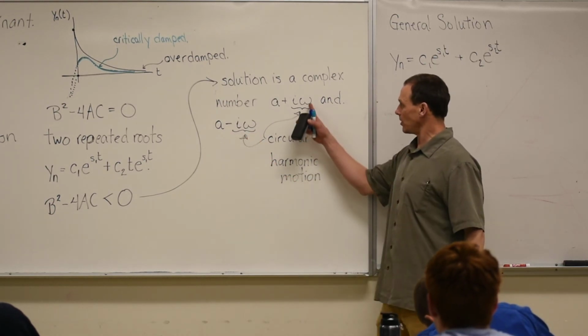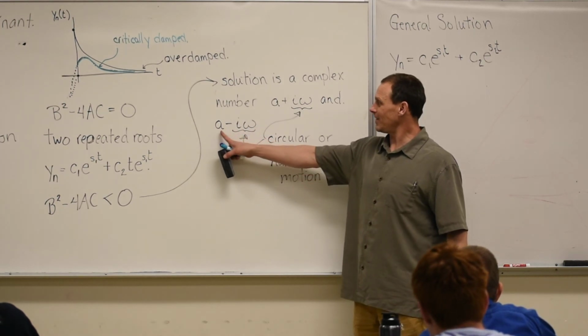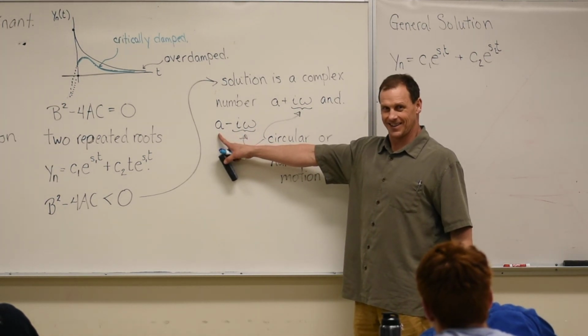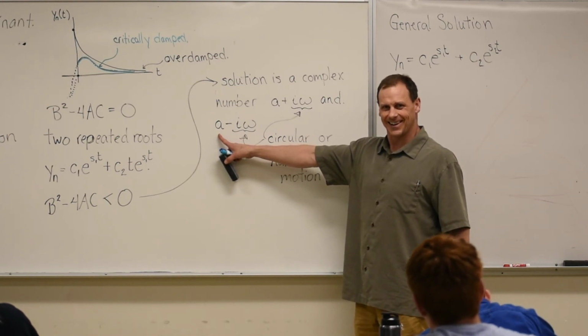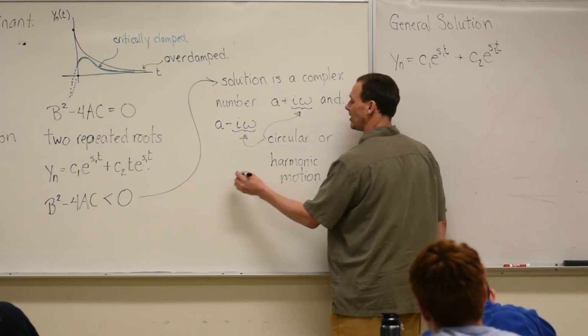Okay, so you get circular motion. Meanwhile, you have something trying to go in a circle, but what does this A do? Exactly right. This is the decay factor.